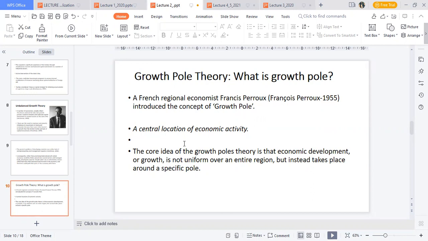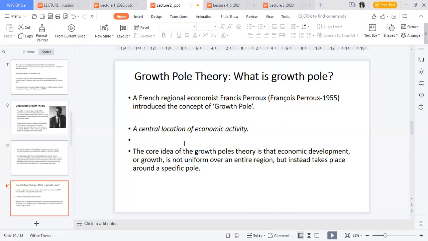Okay. Francois Perroux says that, well, we can't develop everywhere at once. So if we see that University of Ghana is a hotspot, let's develop University of Ghana and it will trickle down to UPSA, trickle down to PCC, trickle down to Regional Maritime and other areas.